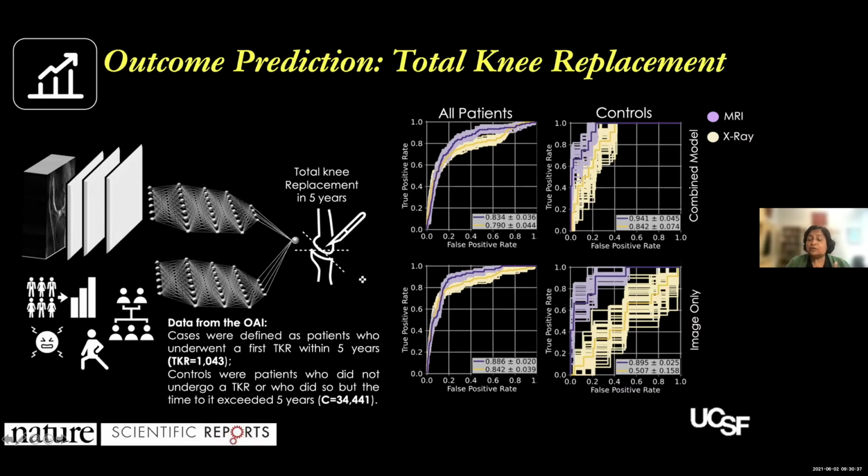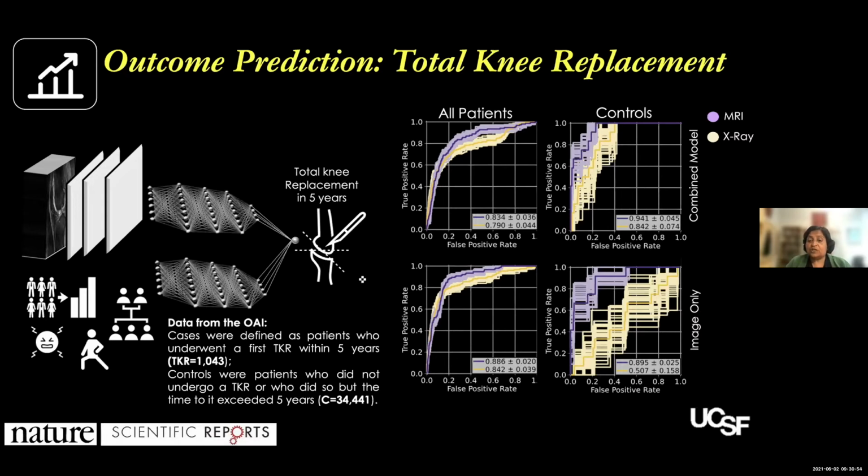What we found, which was very interesting with the MR data set in particular, is many of these individuals who underwent total knee replacement within 5 years were actually subjects who had no evidence of radiographic osteoarthritis.